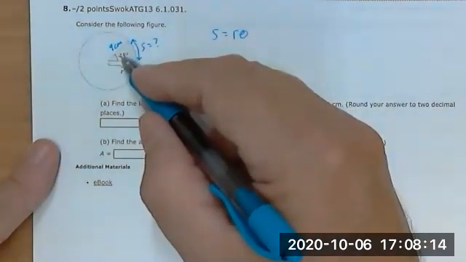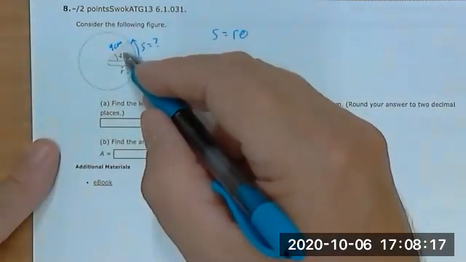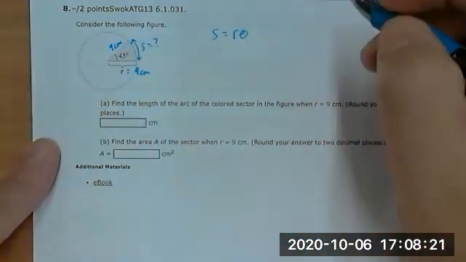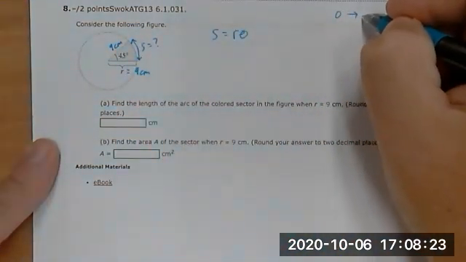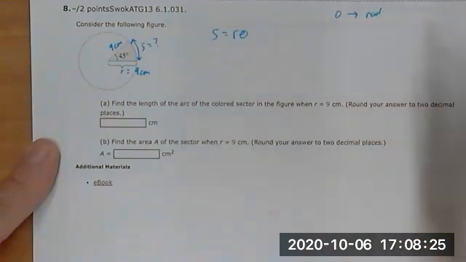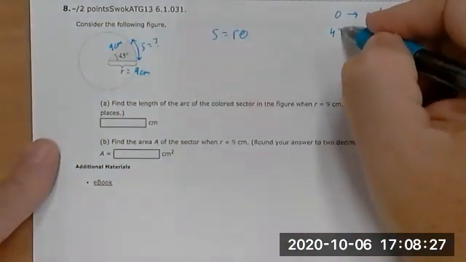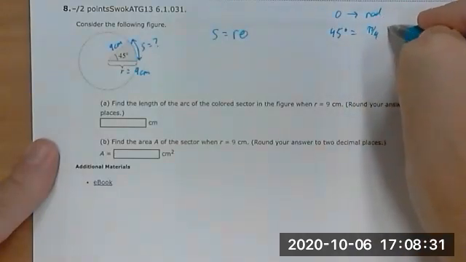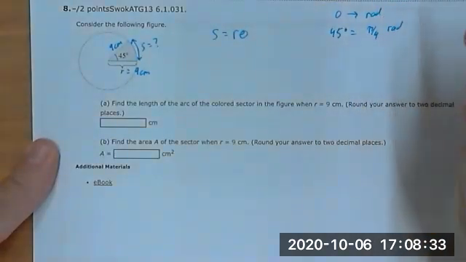However, this is nice because this is a special angle. If they give you a non-special angle, you may have to do the conversion from degrees into radians. But I actually know that since 45 degrees is one of my special angles, it's pi over 4 radians.